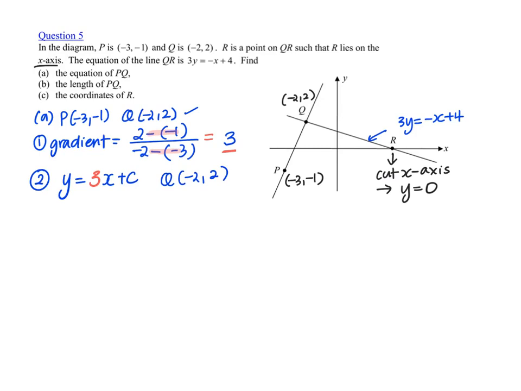And that means x is the number -2, y is the number 2. So 2 equals to 3 times -2 plus c. 2 equals to -6 plus c. And c will be equals to, I need to shift -6 over, right? So it becomes +6. So 2 plus 6 will give you 8.